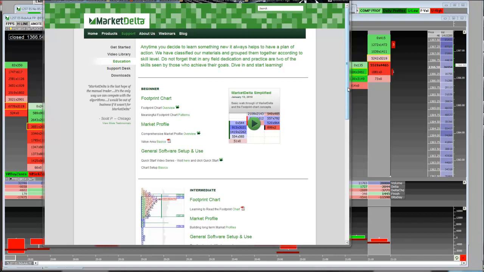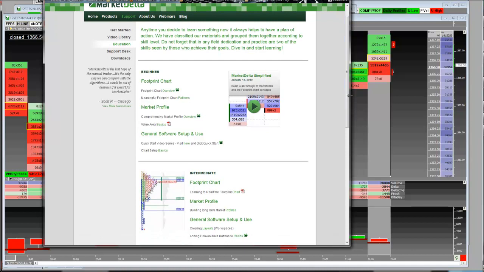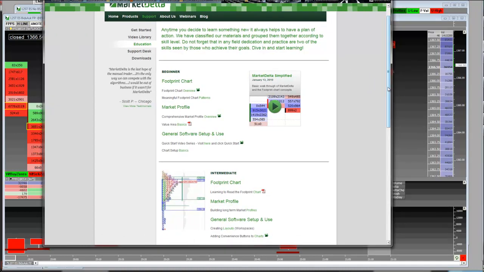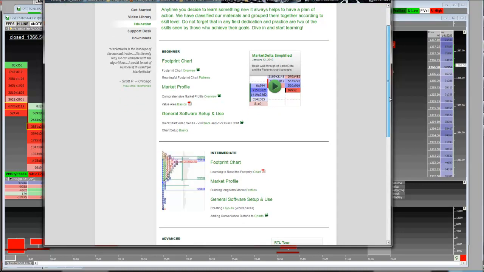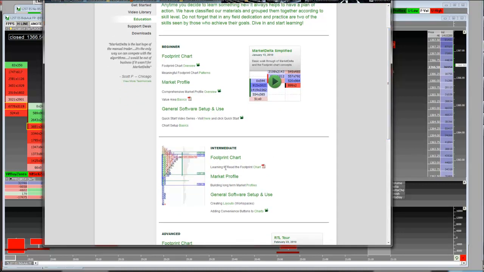Now, this document wasn't there when I was learning how to use the footprints and apply them. Market Dollar has put a lot together since I first started trading with the footprints, and there's some great stuff here. A lot of what I do and what I use from the Market Dollar footprints is pretty much explained in this document here.